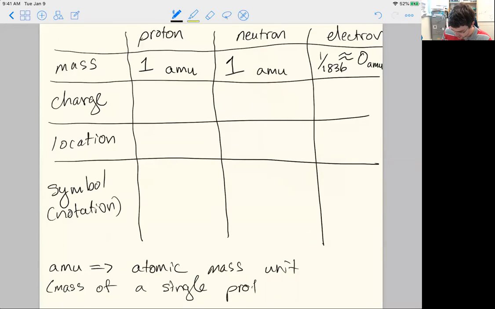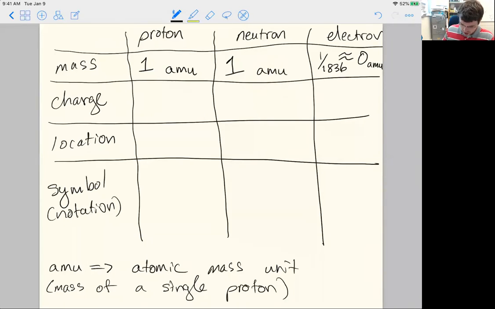Particle physicists found that it was helpful to discuss the masses of the various subatomic particles as just being relative to a proton, where the proton and the neutron are virtually identical, whereas the electron is 1 over roughly 2,000th of that of the proton. So that's where the atomic mass unit came about.